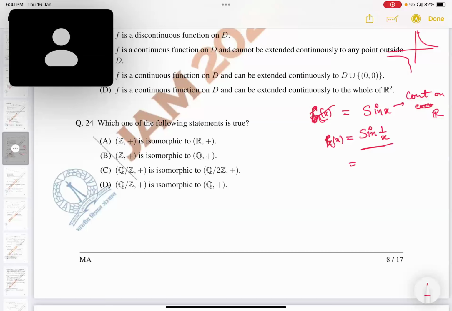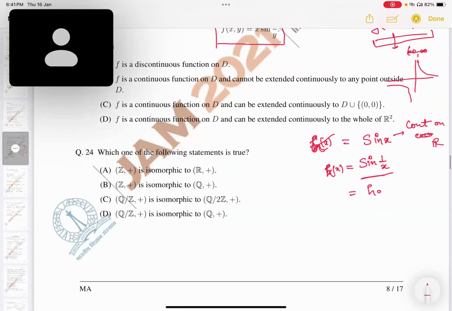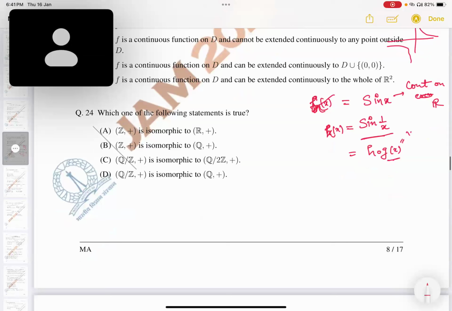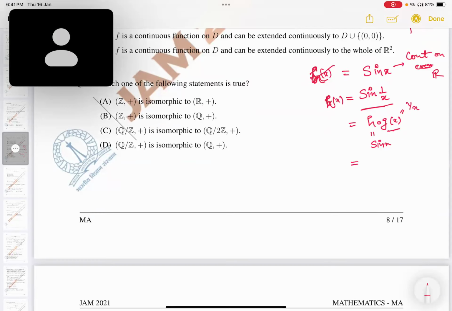So you can write this function as h composed with your g function, because g of x is your 1 by x and h of x is your sine x. So this function is continuous on R except 0 only.